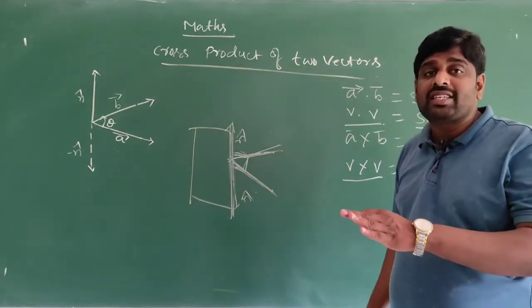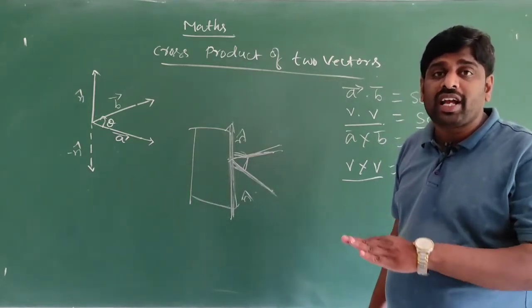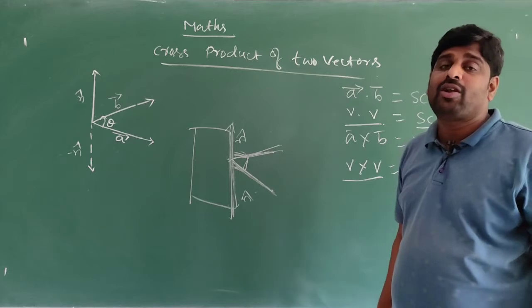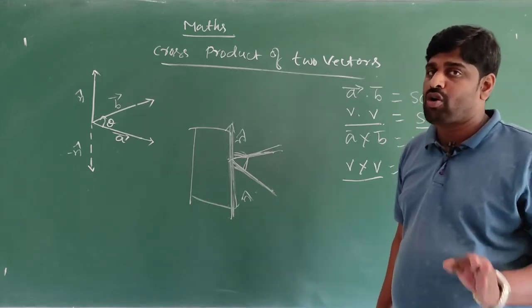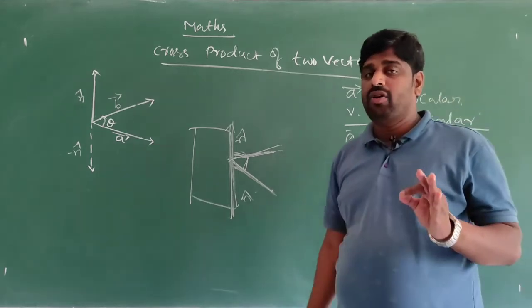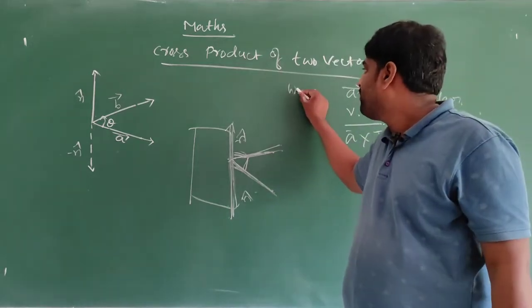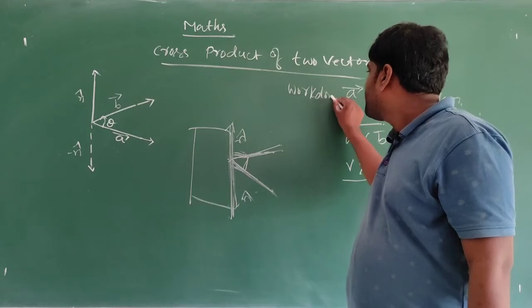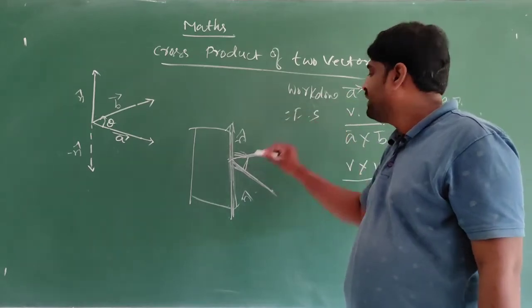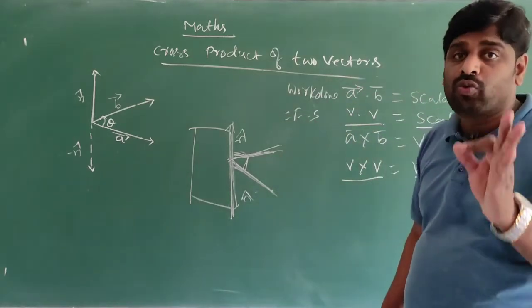When there is no rotational motion, as I already told in the example for the dot product, a very good example for the dot product of vectors is work done. Work done is force into displacement.